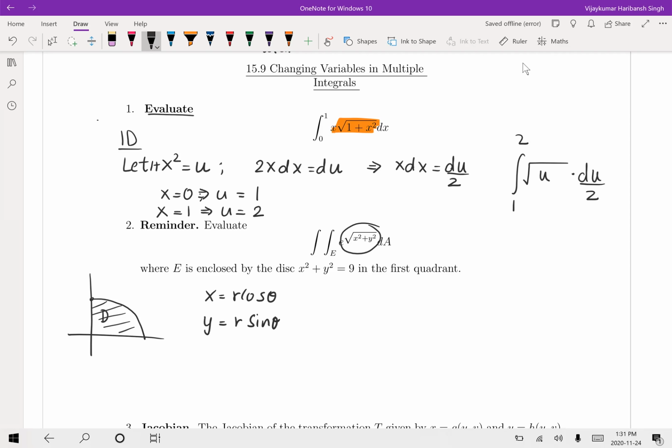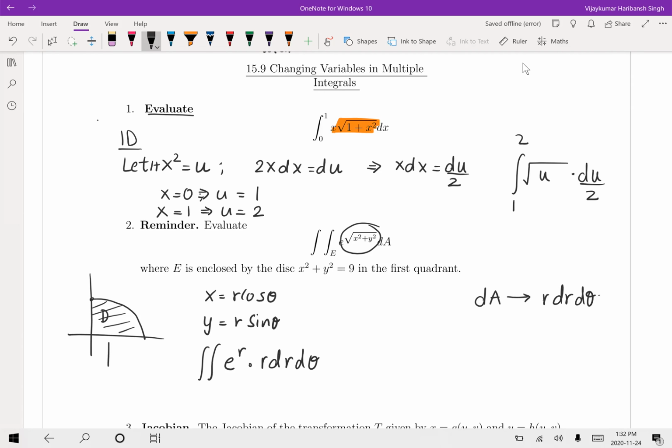So then your integral becomes the integral of e to the power r squared, and now instead of dA, we will have r dr d theta. So your dA changes to r dr d theta.